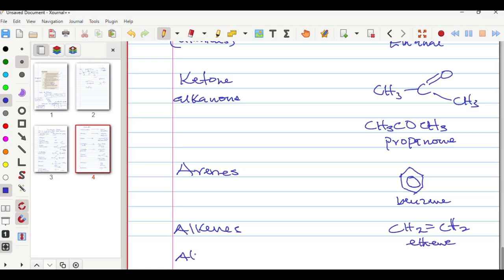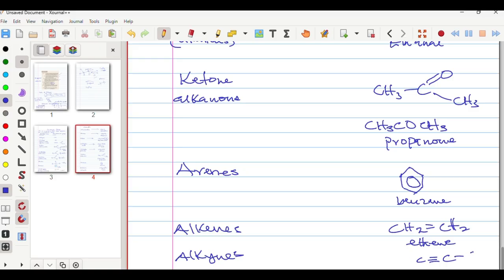And then for alkynes, we can do the same thing: carbon to carbon triple bond. There's no ethyne here, but there's propyne.